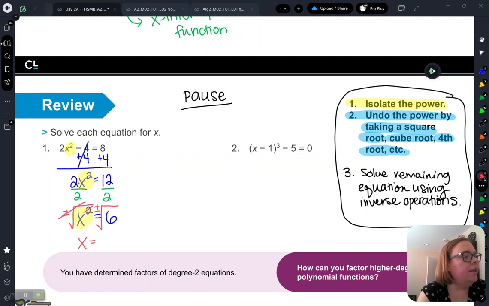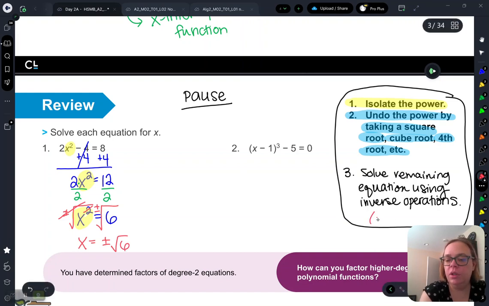And then on the right, we're going to have plus or minus the square root of 6. There's nothing else to do here, so step 3 was kind of optional. It may or may not be necessary is what I'm trying to say. Okay, so if necessary.